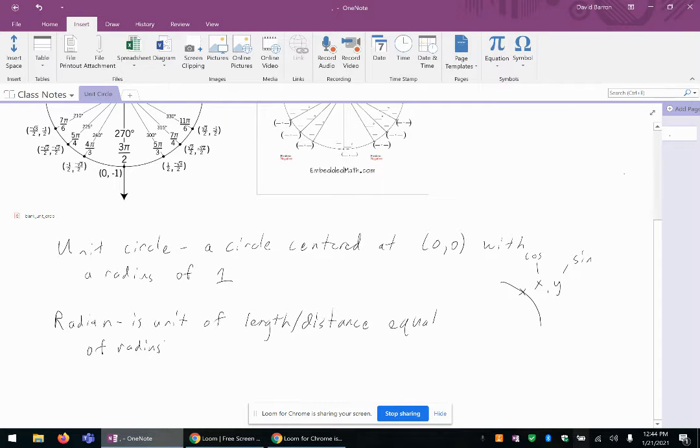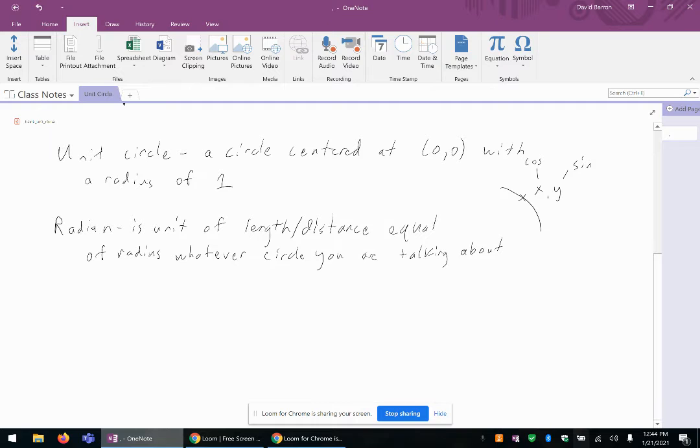So as long as we're dealing with the unit circle, the radius is going to be 1. A radian is 1 unit long.